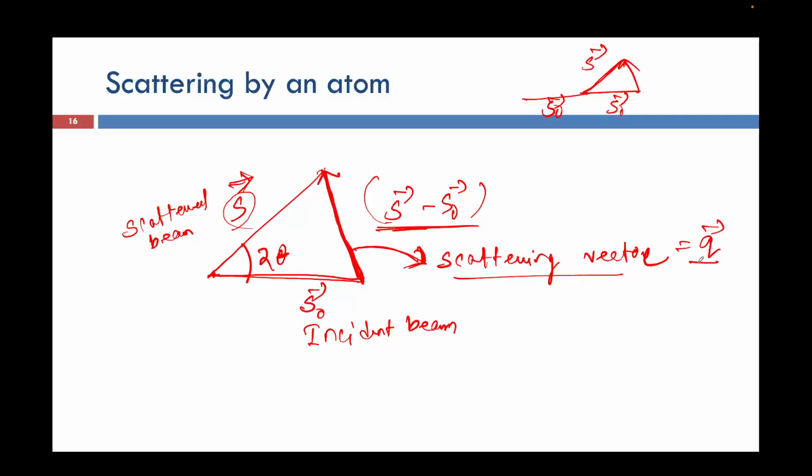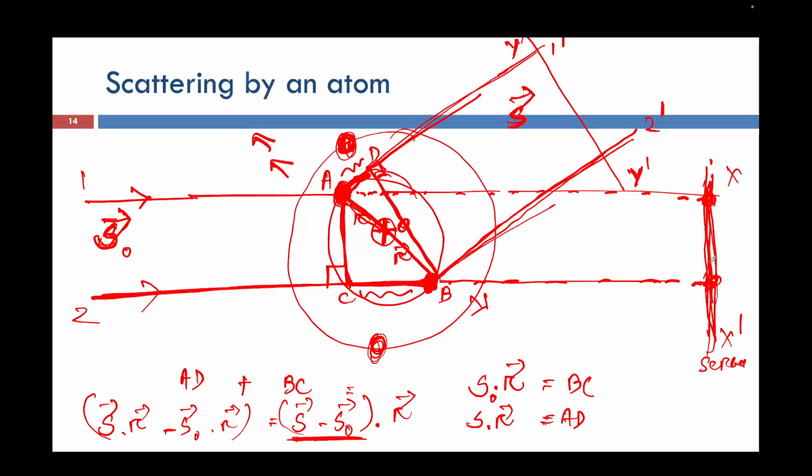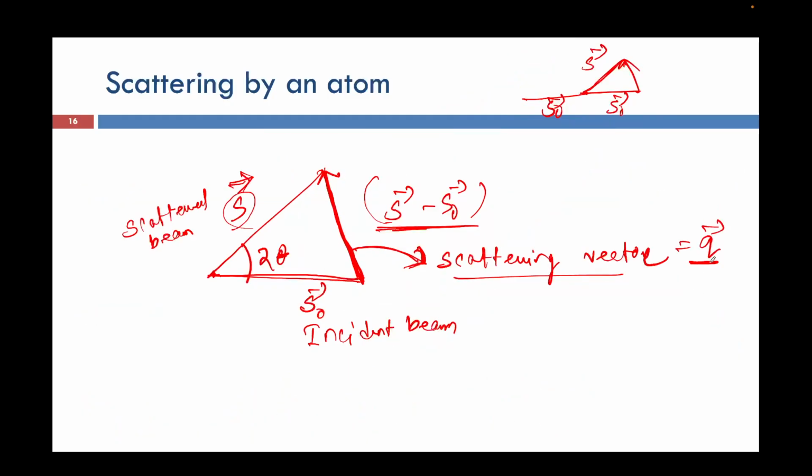And if I want to calculate what will be the magnitude of this Q, I have taken S and S naught as unit vectors.